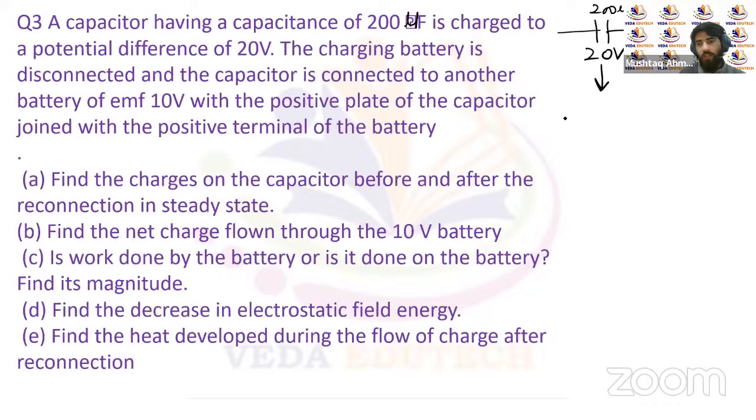We're connecting this capacitor to another battery, and that battery is of 10 volts. The same capacitor is now connected to another battery. So the question is to find the charge on the capacitor before and after the reconnection in steady state.